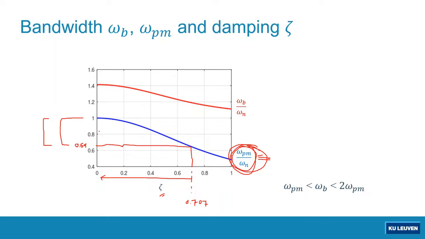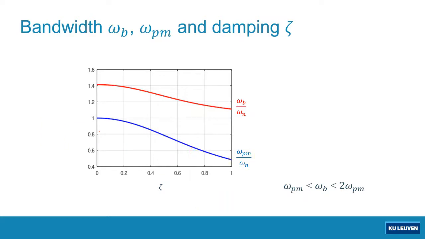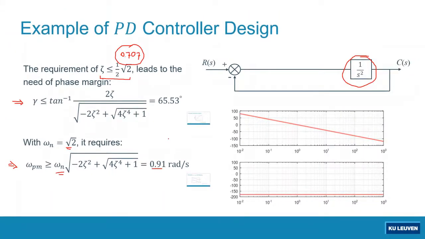The ratio between omega pm and omega n should be greater than or equal to 0.64.